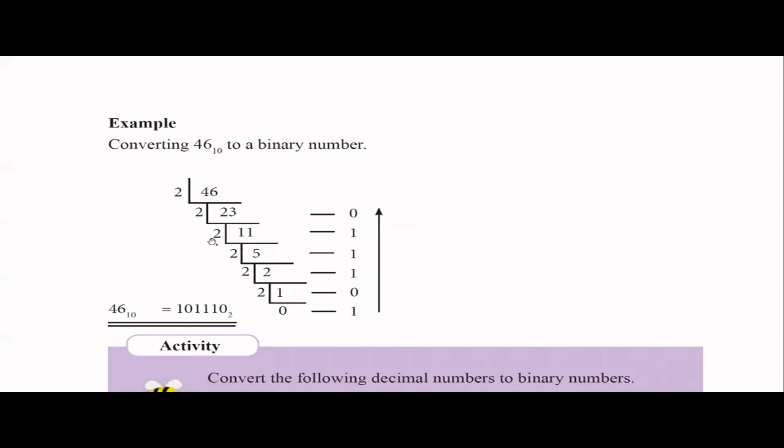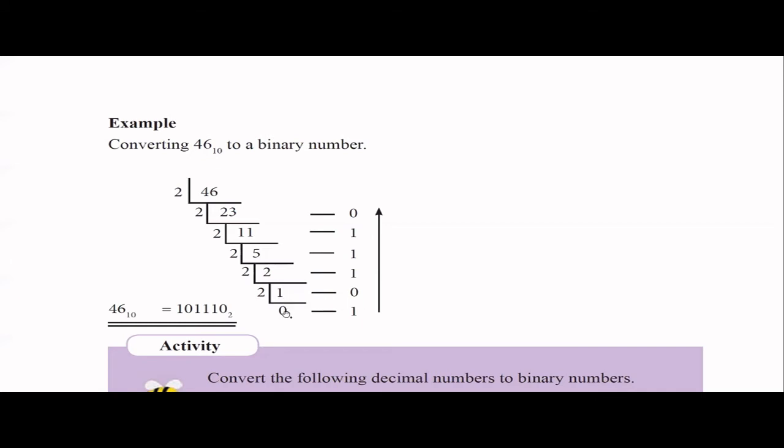Again, 11 divided by 2 is 5. 5 into 2 is 10, so you have a remainder of 1. Then 5 is an odd number. Again, you divide by 2. That gives 2, and 2 into 2 is 4, so you have 1 remaining. And 2 again divide by 2 gives 1, with no remainder. Then 1 you divide by 2.